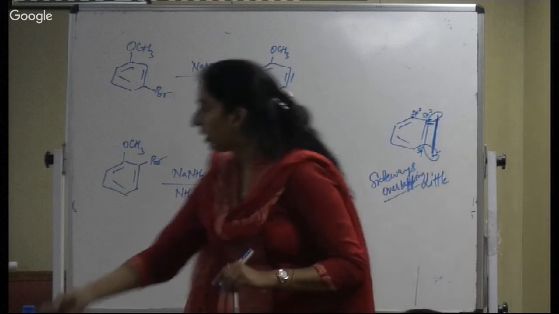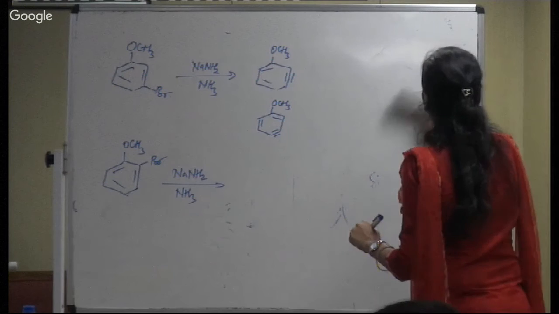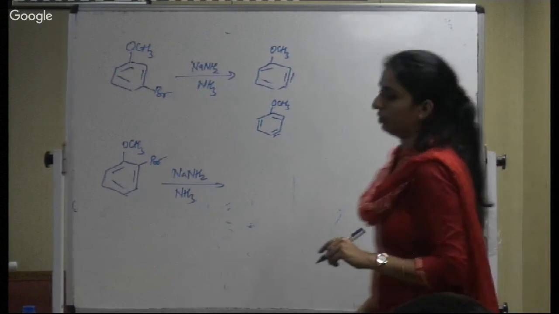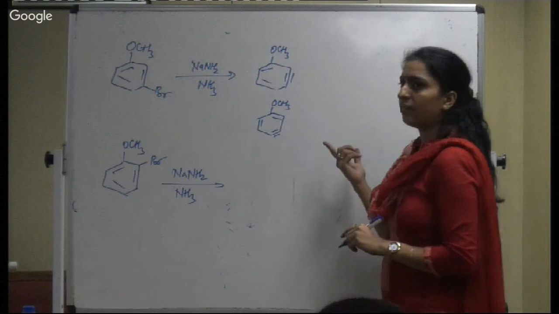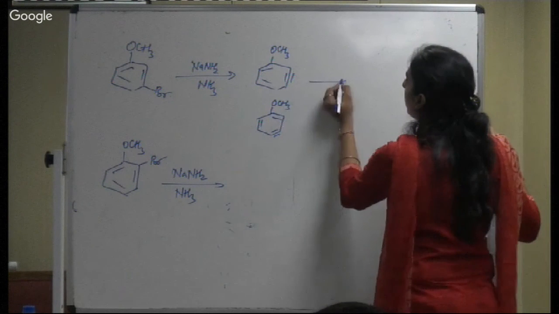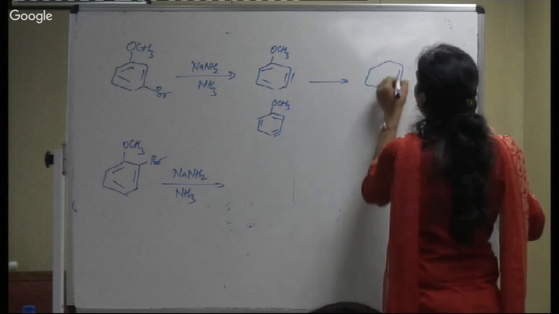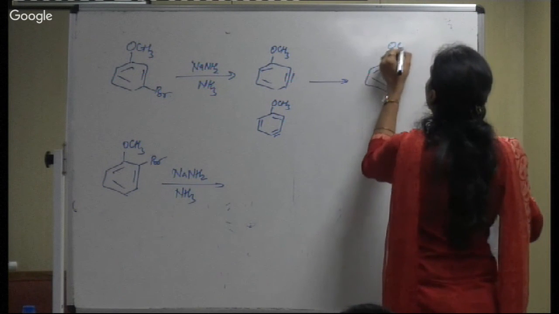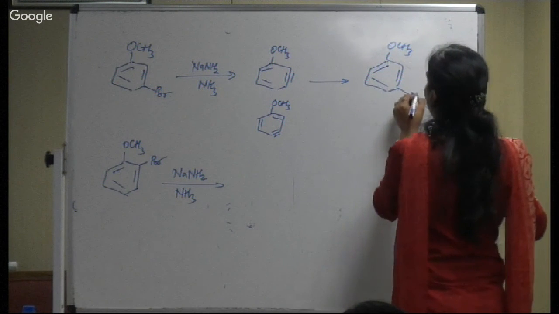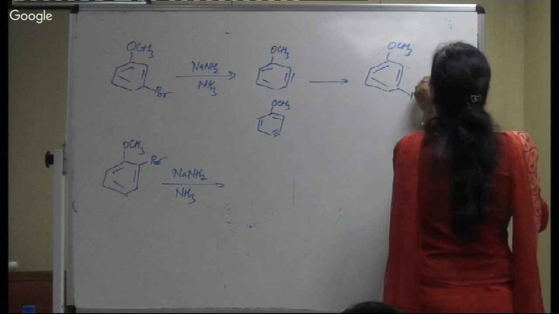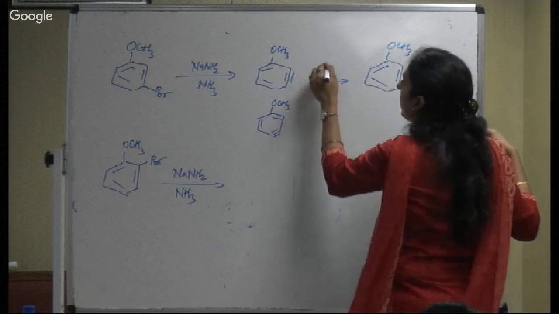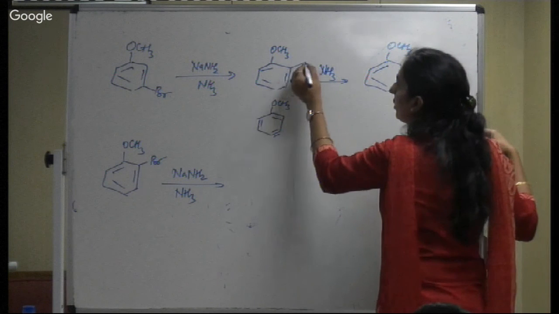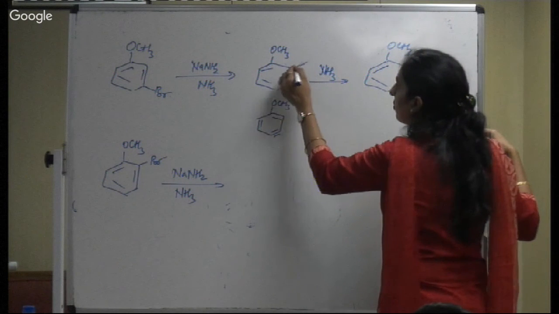Now this question. Tell me what are the possibilities of the products. These are the 2 benzynes which are possible. In this case, I guess you will say it would be ortho and meta. Am I right? Plus ortho isomer, you will say. NH2 will attack at this position and at this, both.